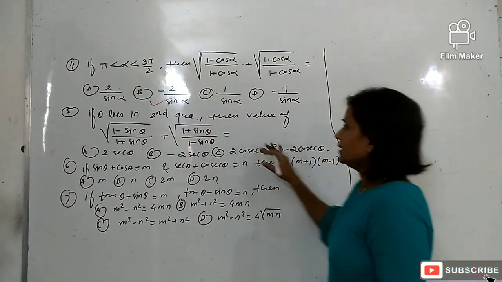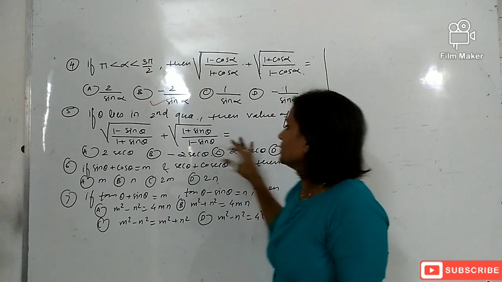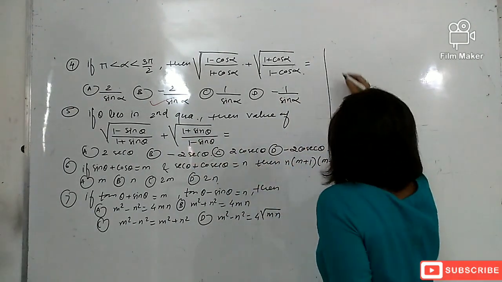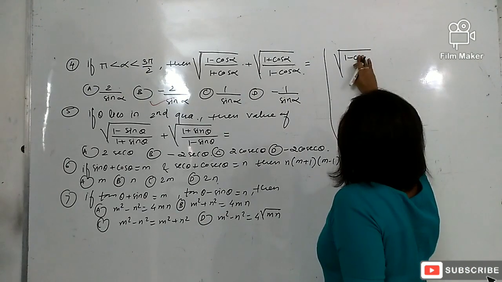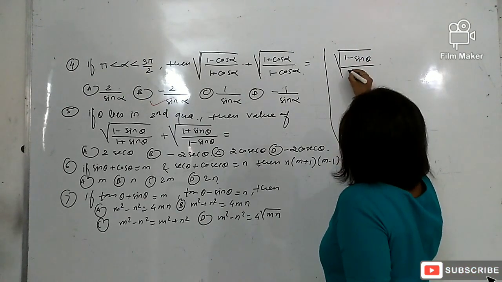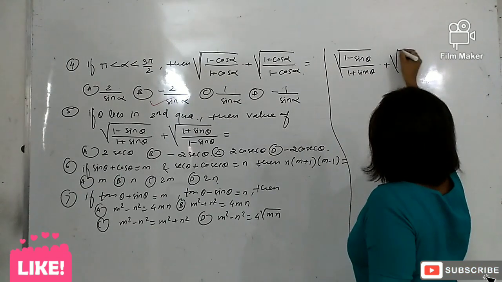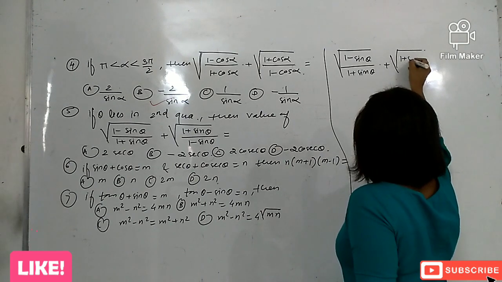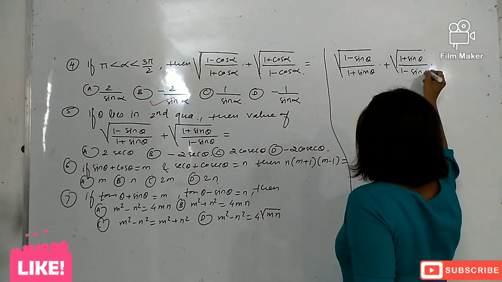And the next question is theta lies in the second quadrant, then the value of this expression. Okay, so start from the given expression. So the given expression is square root of 1 minus sine theta divided by 1 plus sine theta plus square root of 1 plus sine theta divided by 1 minus sine theta.